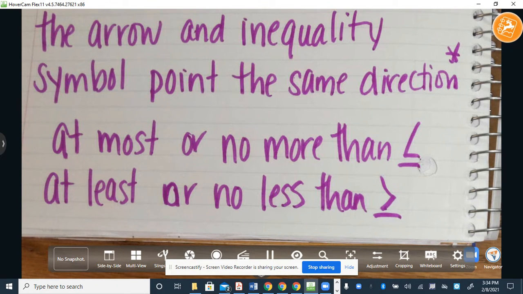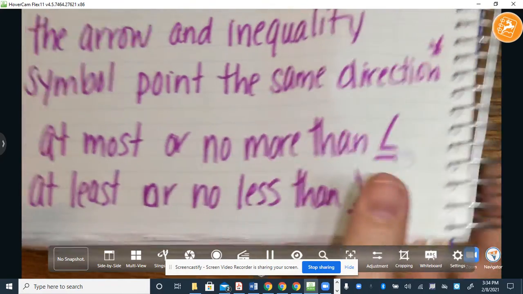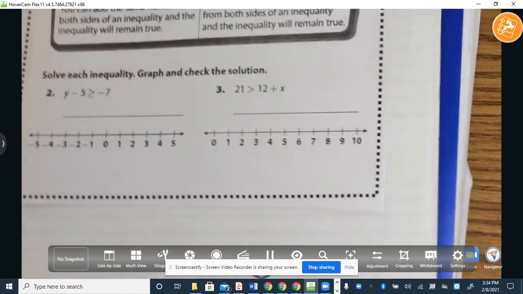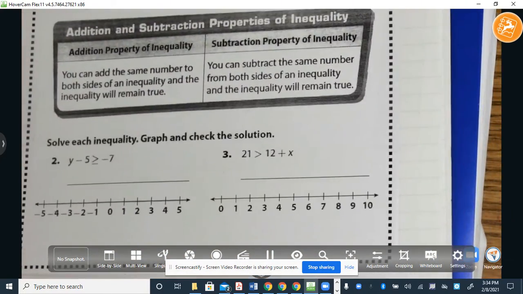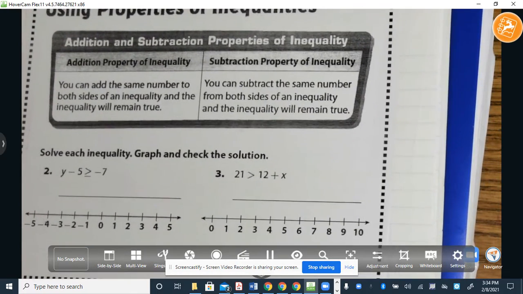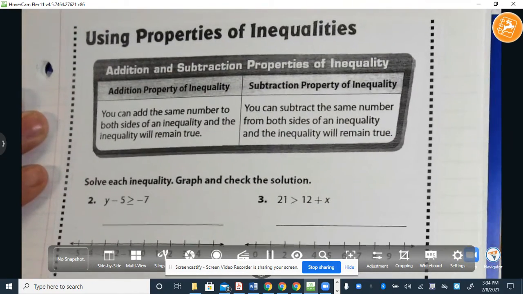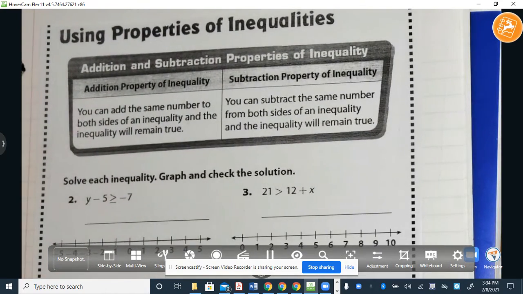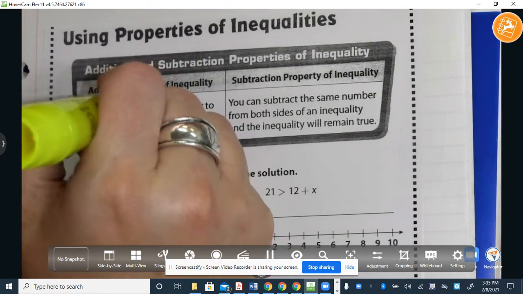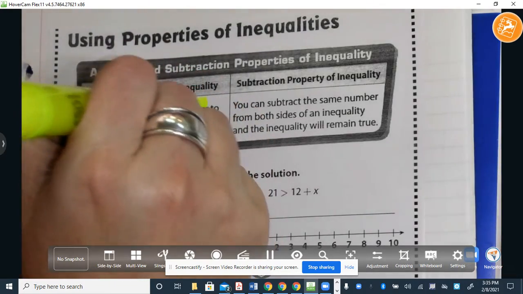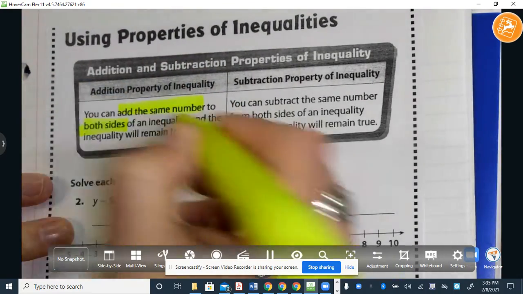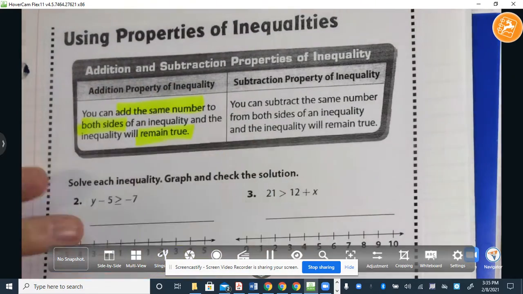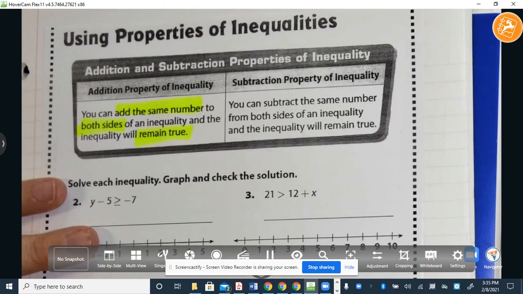Okay? So let's turn our page over. Using properties of inequalities. So, addition and subtraction properties of inequalities. Let me grab my highlighter right here. You can add the same number to both sides of an inequality, and the inequality will remain true. Keep in mind: add the same number to both sides, and it will remain true. Kind of sounds familiar.